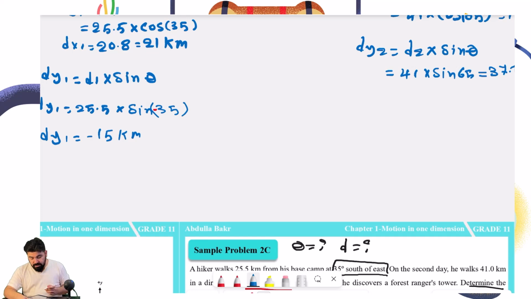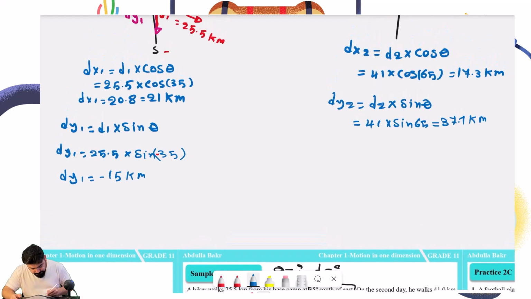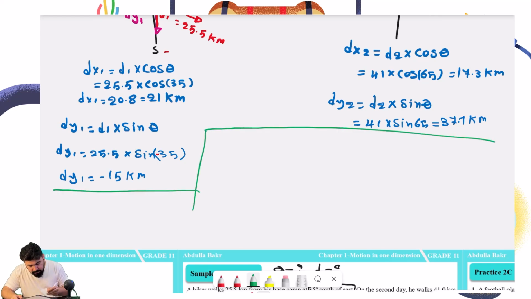Let me add the vectors now. Okay, so we have, let me use a different color. For dx total, this is equal to dx1. So I have 21 plus dx2.